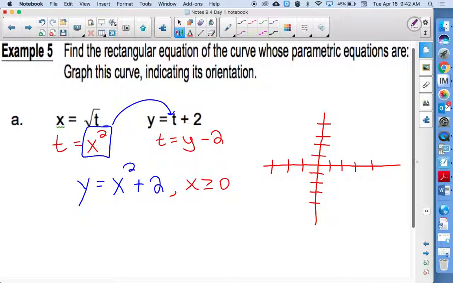It would start at 0, 2. Yeah, it starts at 0, 2. So here's my parabola starting at 0, 2. We only need the positive x side, so x must be greater than or equal to 0. If I plug a 1 in, I would move up 1, making my graph go a little higher. If I plug a 2 in, I would have to move up 4: 1, 2, 3, 4.